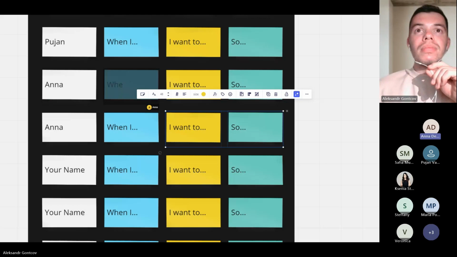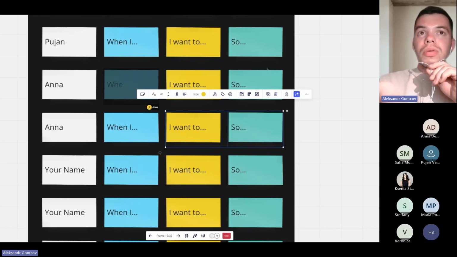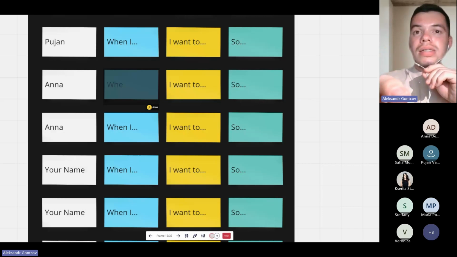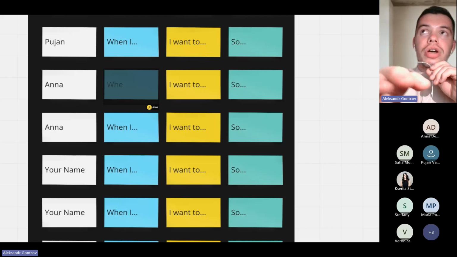So what's the difference between the three different color posters here? These are three elements of a job story. The first one, the blue one, is the context. It's basically we are thinking about our customer and trying to understand when a particular need occurs.